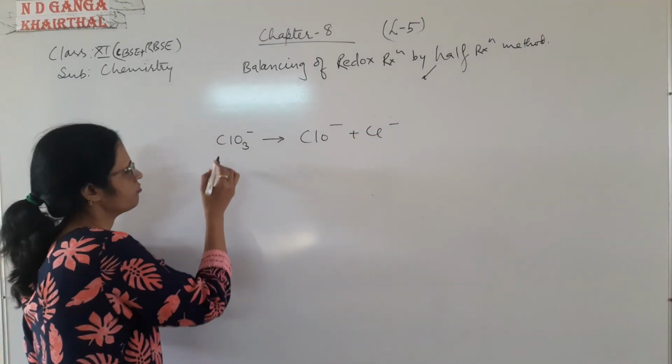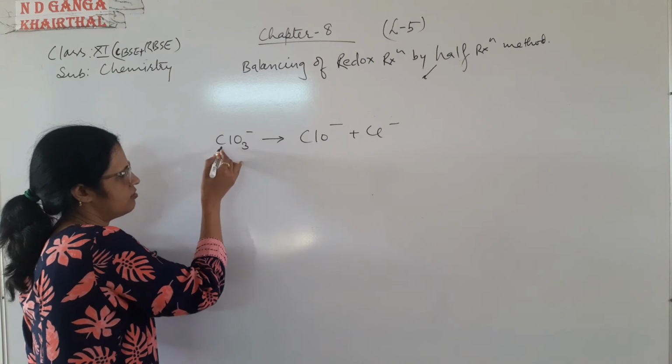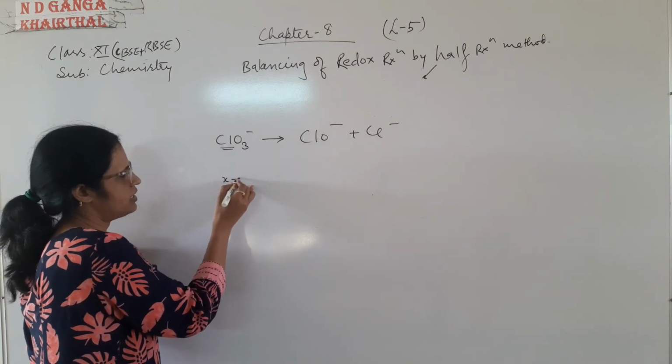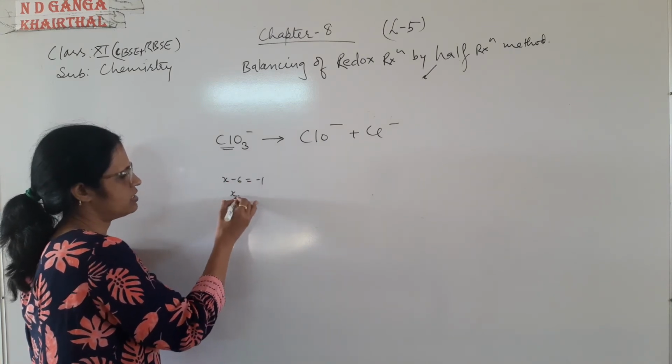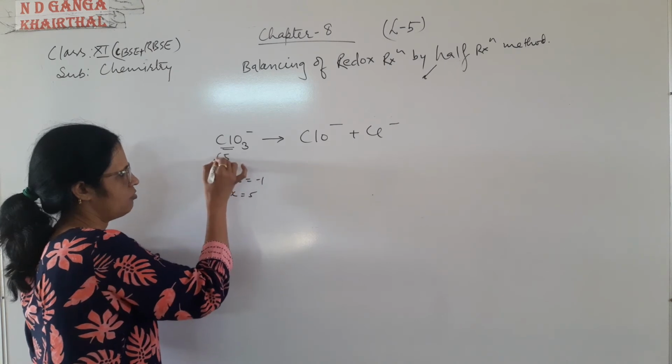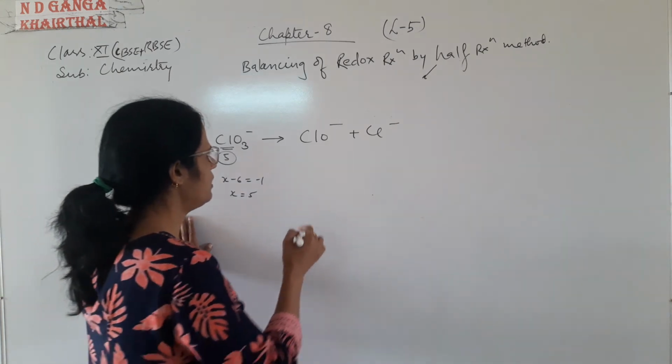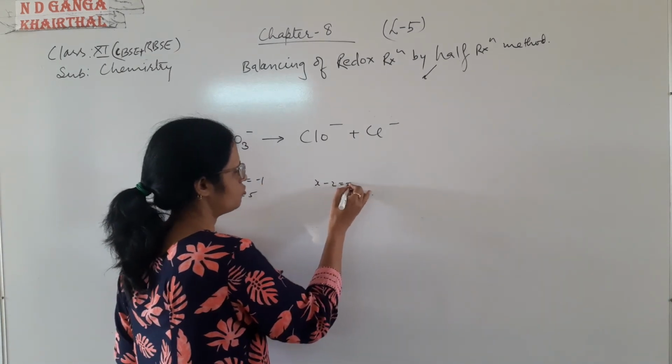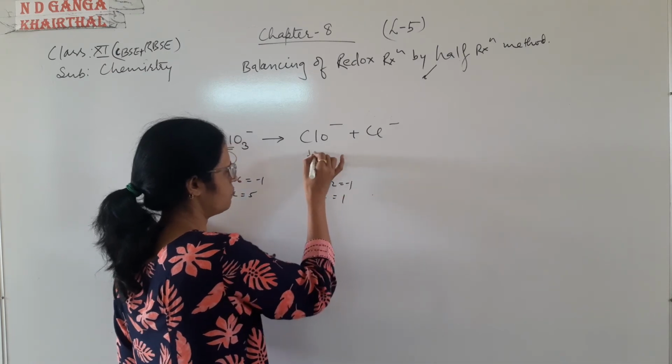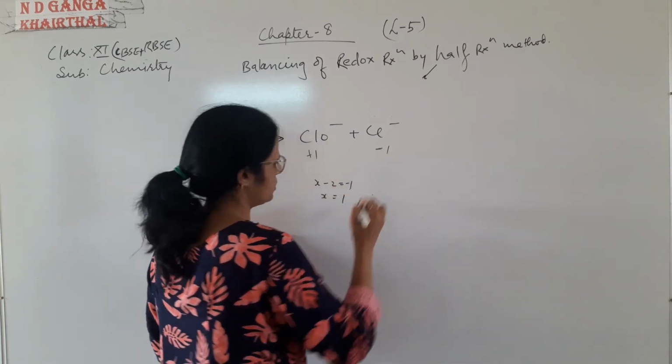See here, what is the oxidation number of Cl? x - 6 = -1, so x = 5. In ClO⁻, x - 2 = -1, so x = +1. And in Cl⁻ it is -1.